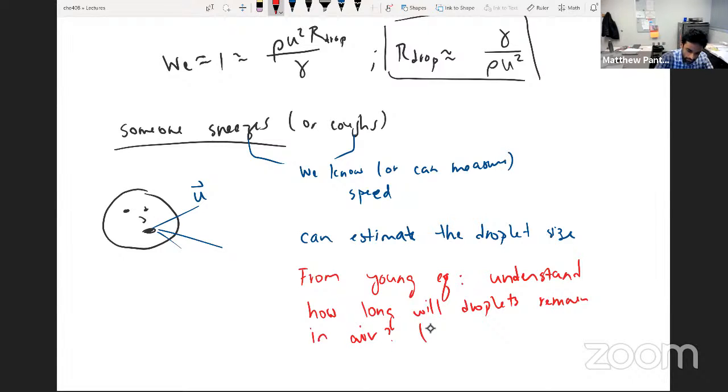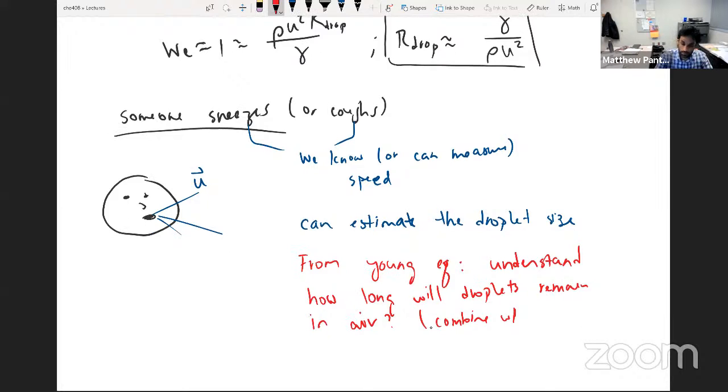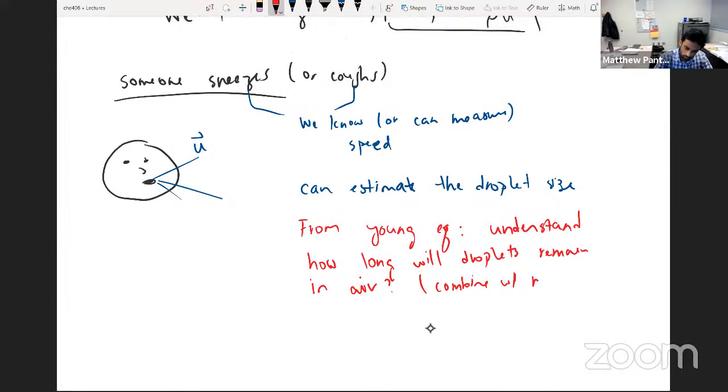Of course, you'd have to combine this with some mass transfer model that explains the different types of diffusion, convection, et cetera, that would be happening into the air. But we have an idea of the vapor pressure here, which is important.